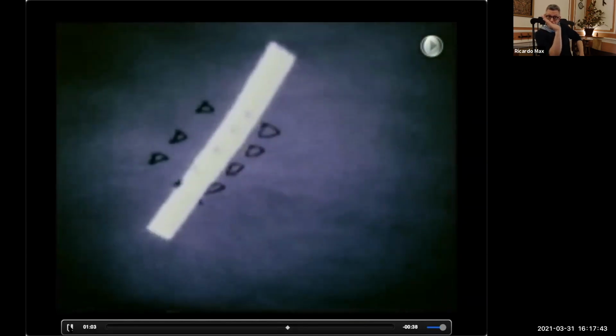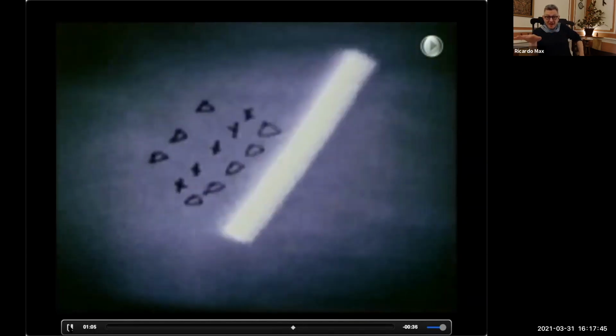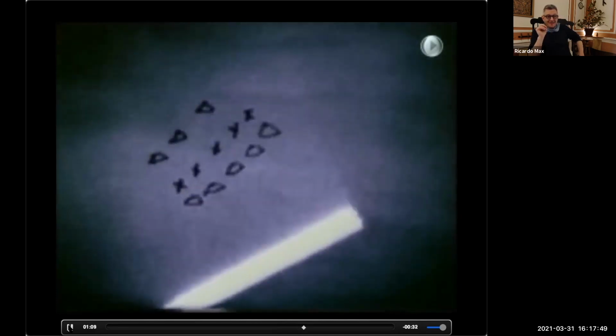Now the same stimulus, but a slightly different orientation, and nothing happens. Nothing.